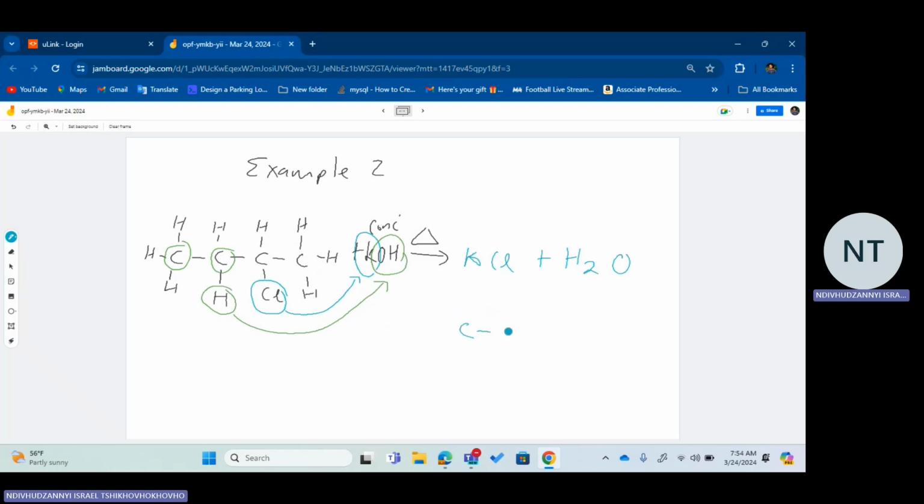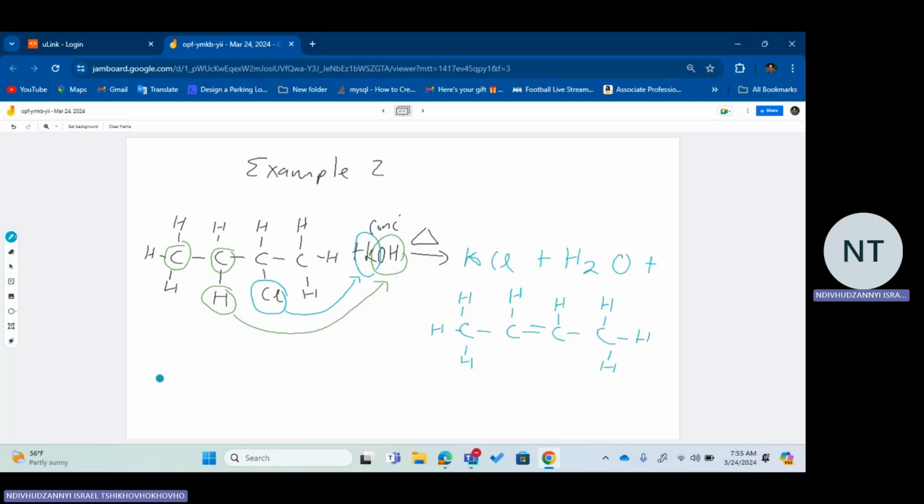So it's going to be 1, 2, 3, 4. Double bond. H, H, H. I hope it makes sense. So we're changing from an alkane to an alkene. Well, let me write it down.